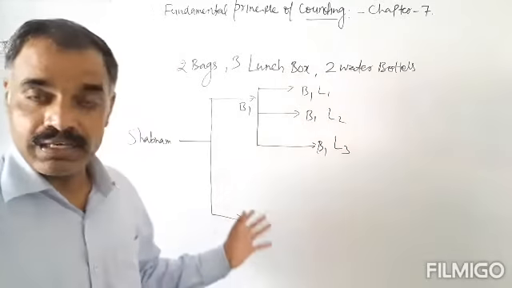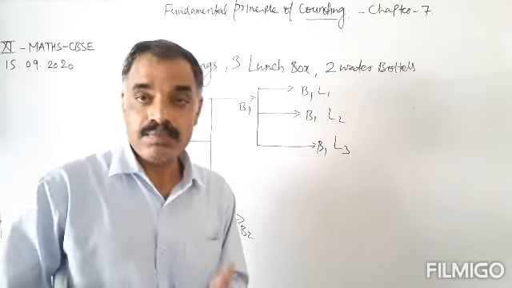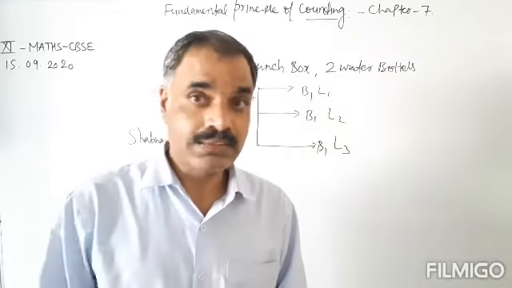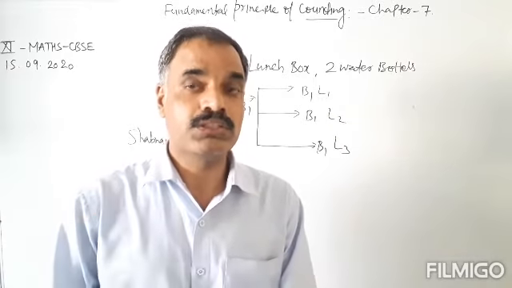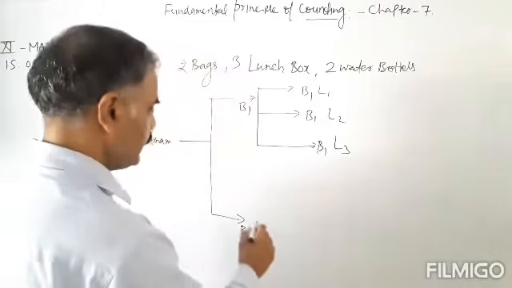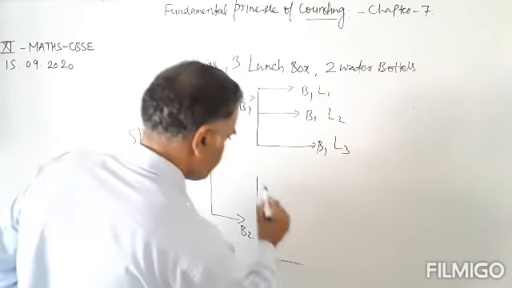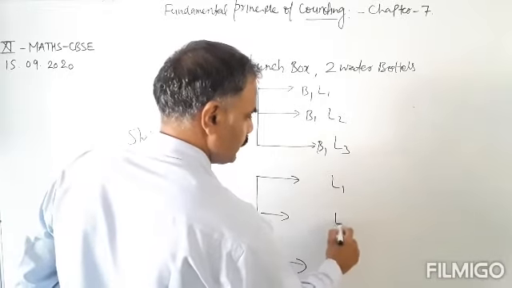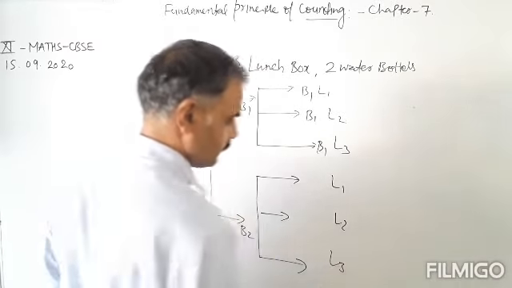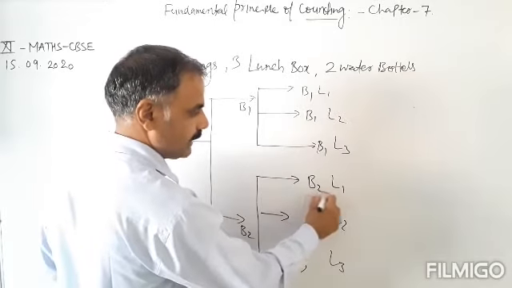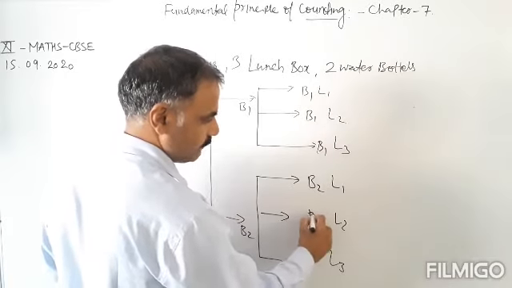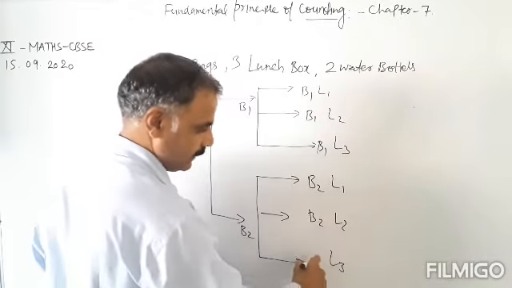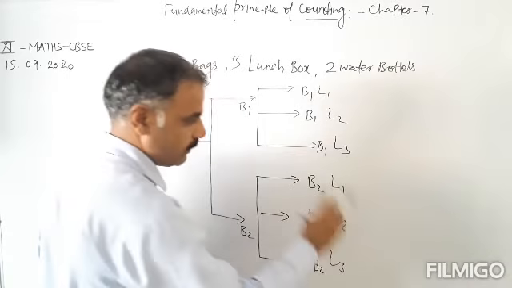Now similarly with bag second, she has 3 choices of lunch box: lunch box first, second, and third. It means bag second with lunch box first, bag second with lunch box second, and bag second with lunch box third.